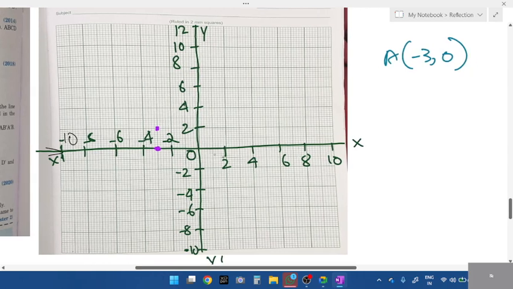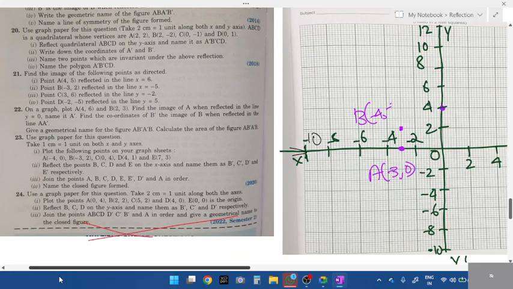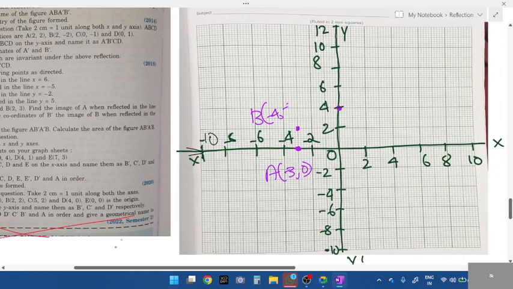X axis or Y axis? 0, 4. X axis, right? Look here. A is -3, 0. Next, B is -3, 2.